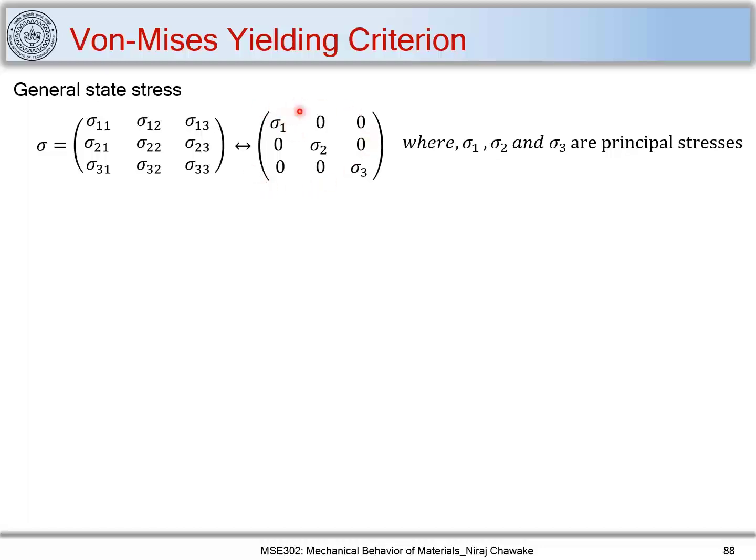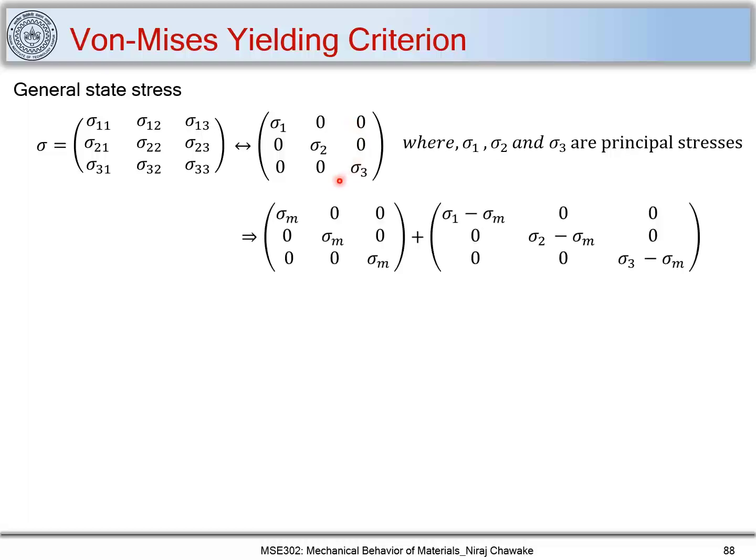Now I can convert this stress state into a hydrostatic stress state, which I have shown here, where the diagonal components, which are normal stresses, are equal in magnitude, and a deviatoric stress state. We have seen how to convert a given stress state into hydrostatic and deviatoric stress states.